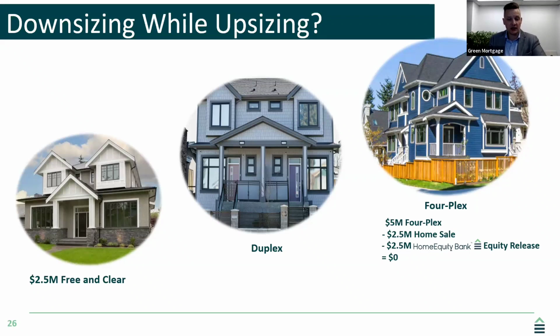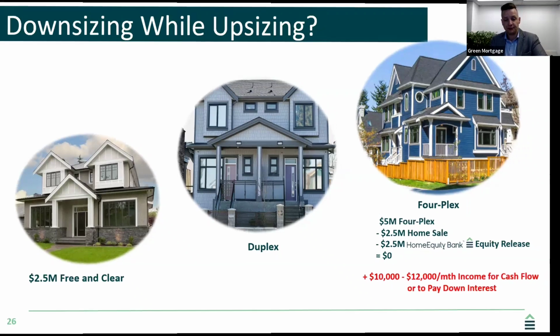Then you can buy a fourplex that is generating rental income on those 3 other units. Maybe you're generating $10,000 to $12,000 per month in cash flow, or you could even use that cash flow to pay down the interest cost on the reverse mortgage if you didn't need all of it. So there are a lot of different ways and options that you can get a bit creative with how to structure these.